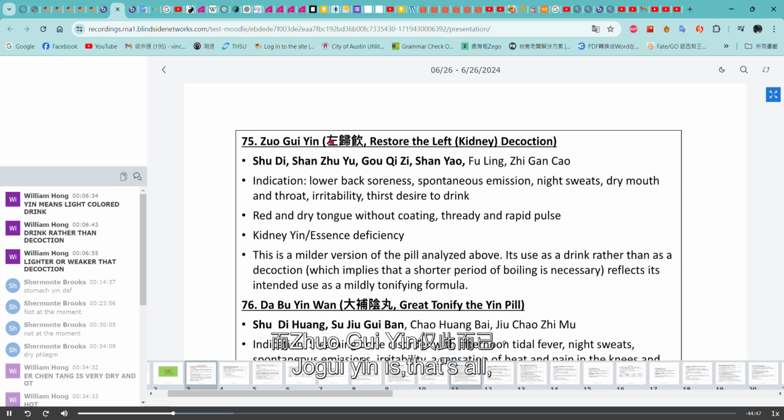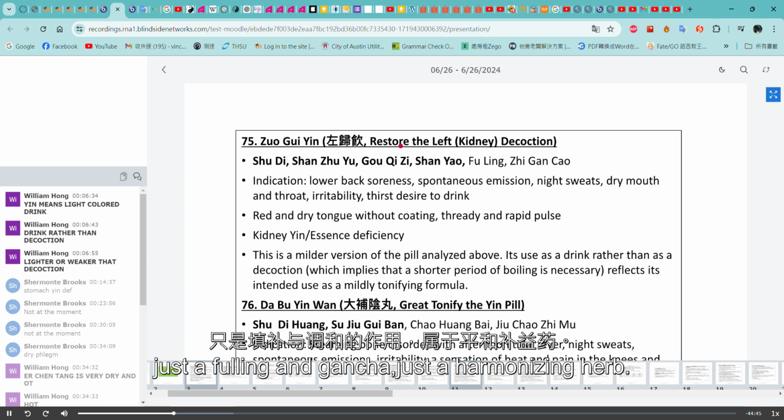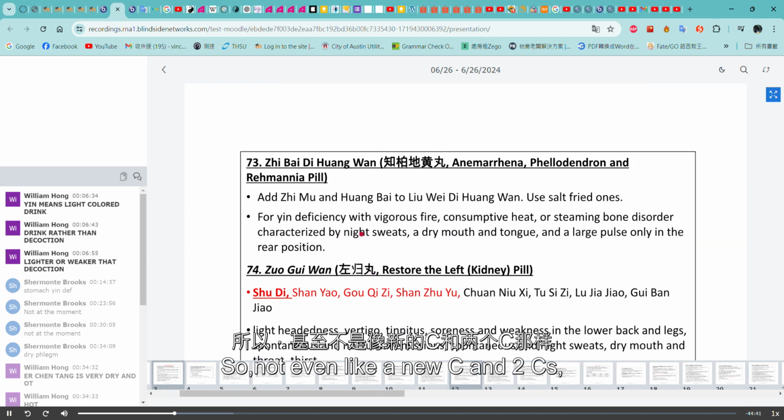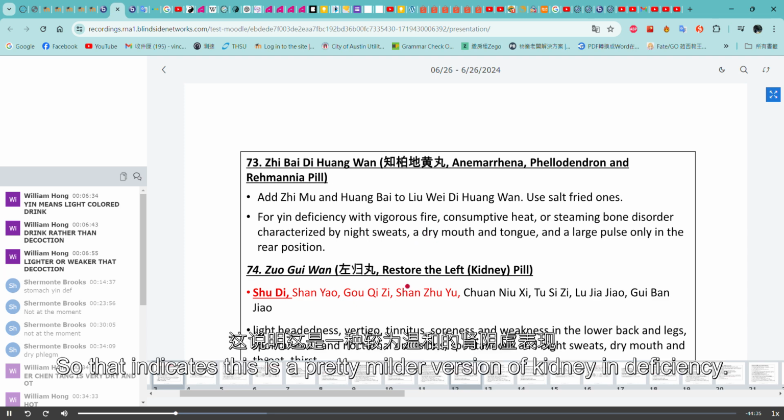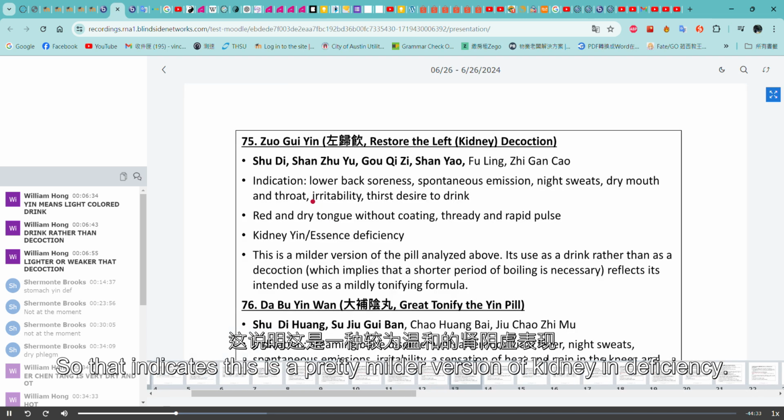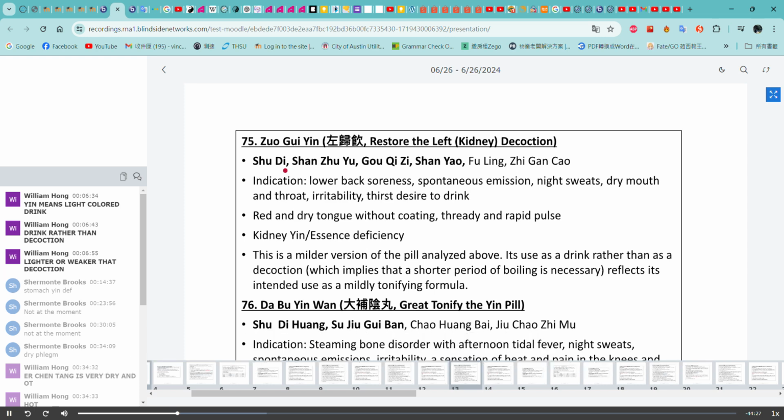However, Zhugui-in has only Fuling and Gancao, just harmonizing herbs. It doesn't even have Niu Xi and Tu Si zi, which go to the kidney yin and kidney yang. So that indicates this is a pretty milder version of kidney insufficiency.